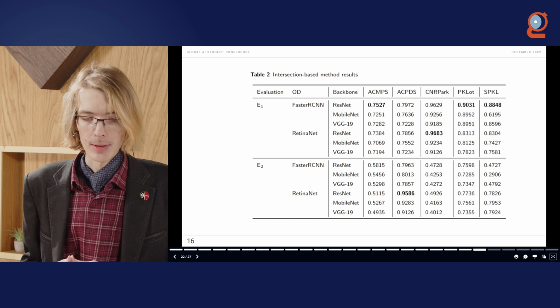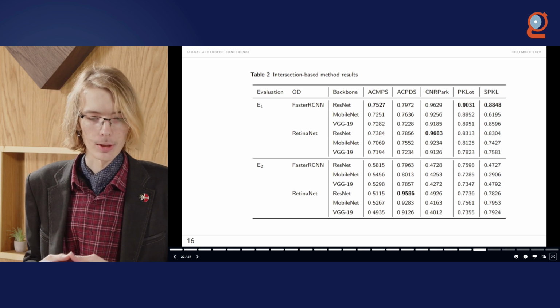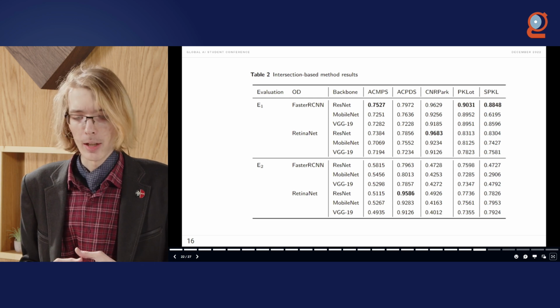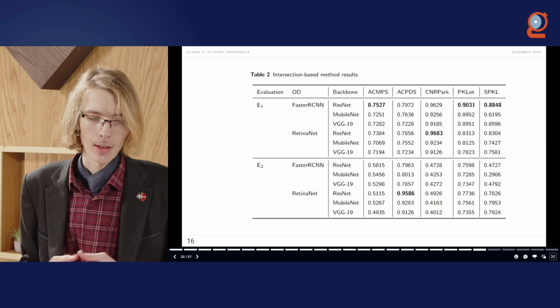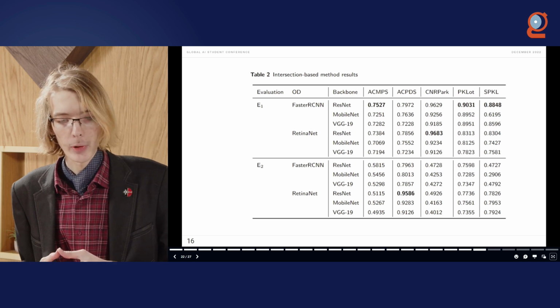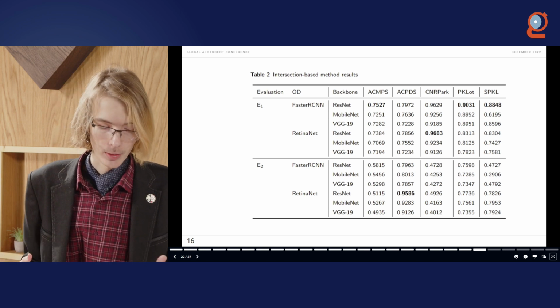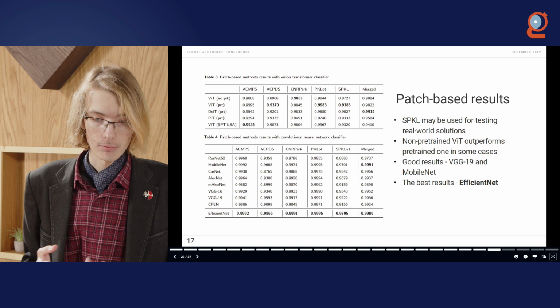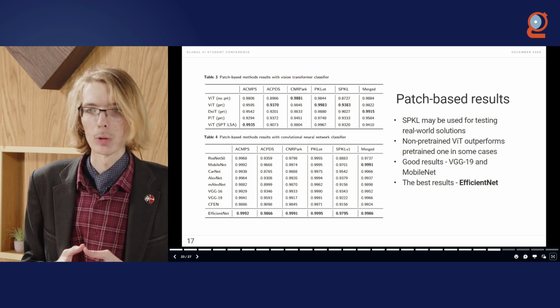And here we can see proper values of metrics for some of the configurations. However, there is a strong influence of stochasticity among different evaluation approaches, different backbone architectures, and different object detection methods in general.